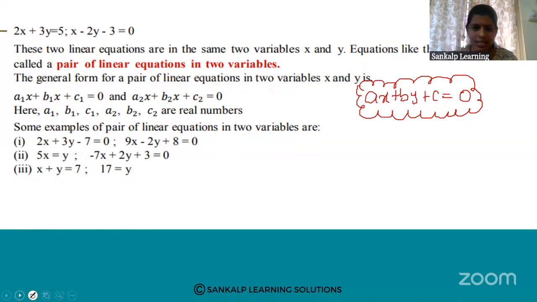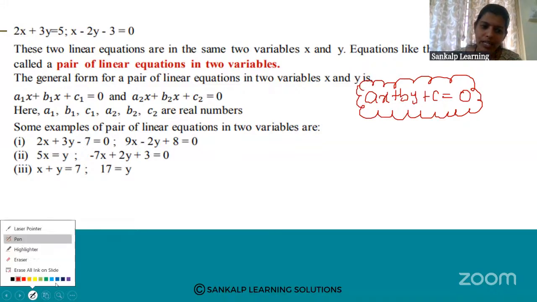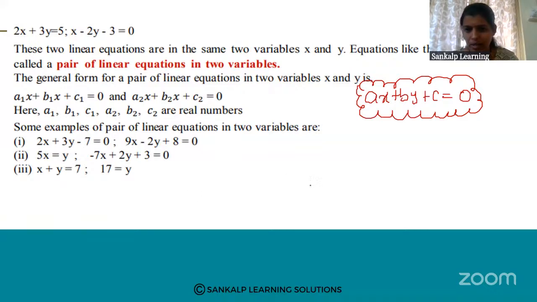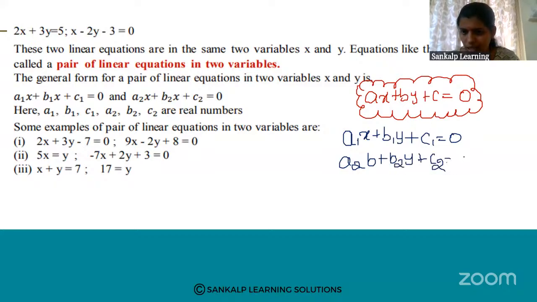So if I consider the pair of linear equations in two variables, the general form will be a1x plus b1y plus c1 equal to 0 and a2x plus b2y plus c2 equal to 0. This is the general form of pair of linear equation.